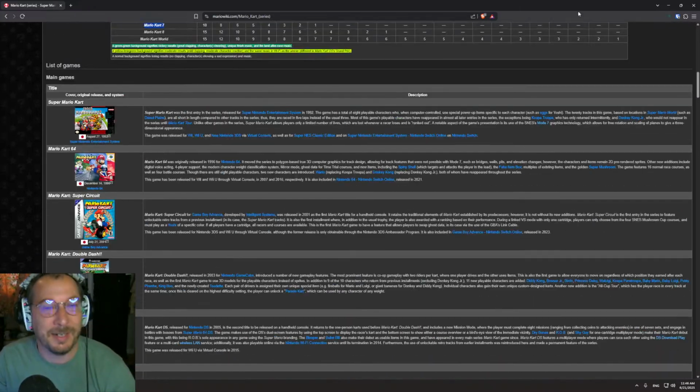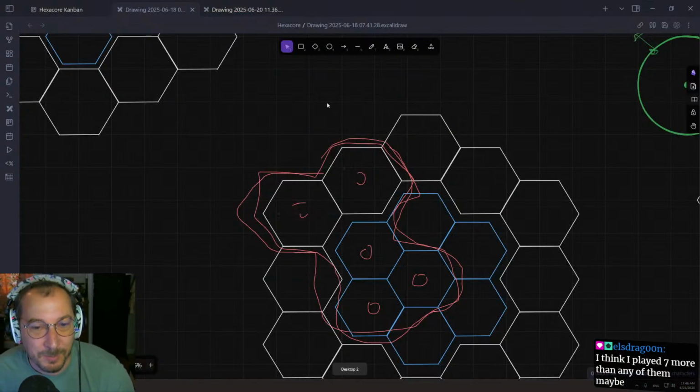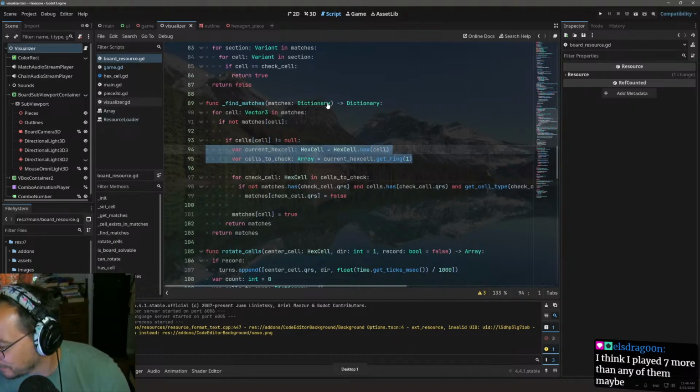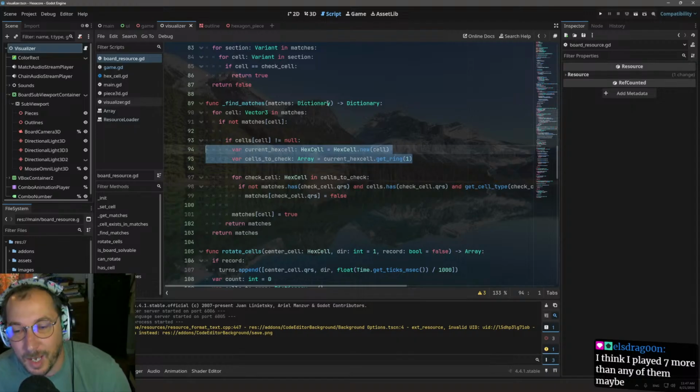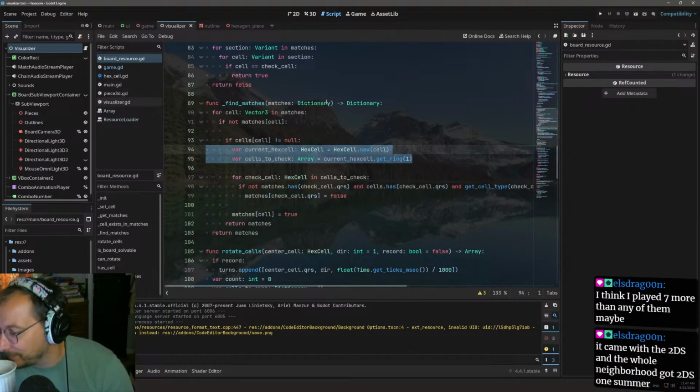I'm a sucker for weird inputs. I think I played 7 more than any of them, maybe. On the 3DS games, I always just turned off the 3D. On some games, it would literally make the performance better.